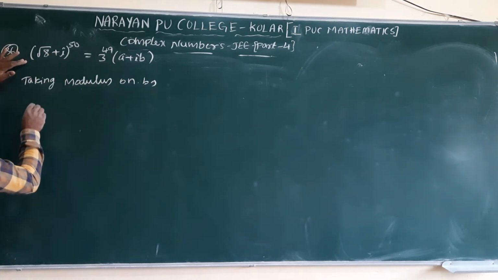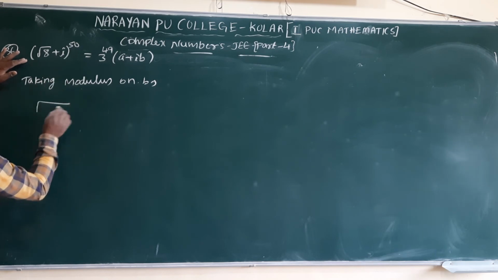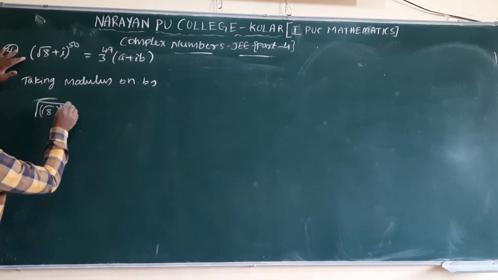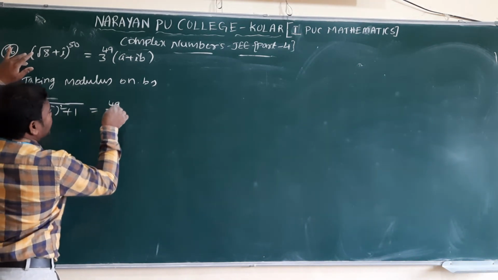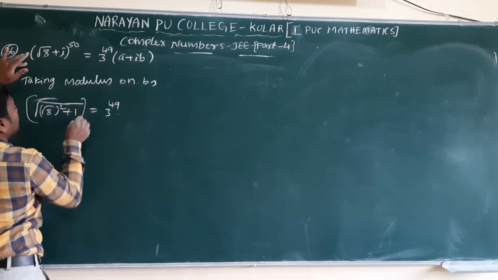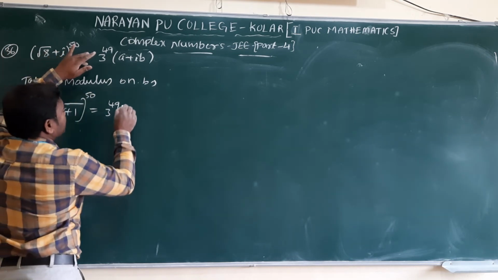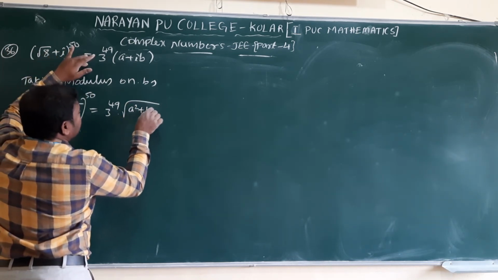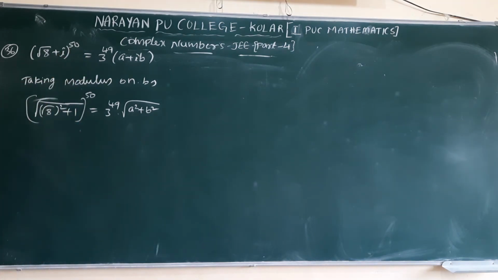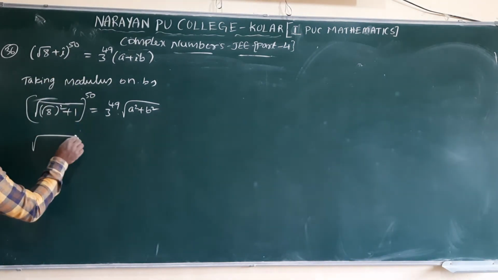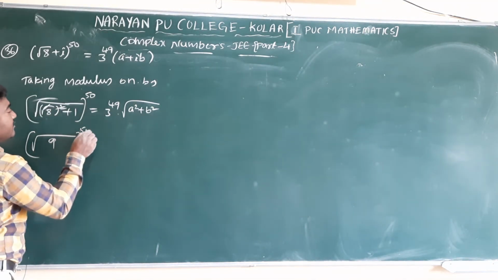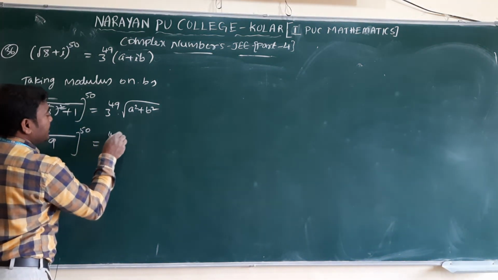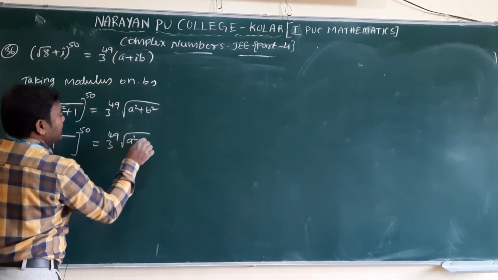So square root of 8 whole square plus 1 square is equal to 3 power 49 into square root of a square plus b square. Now the square root gets cancelled, 8 plus 1 is 9, so square root of 9 whole power 50 is equal to 3 power 49 into square root of a square plus b square.